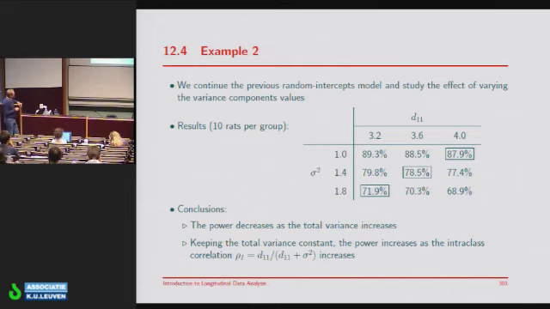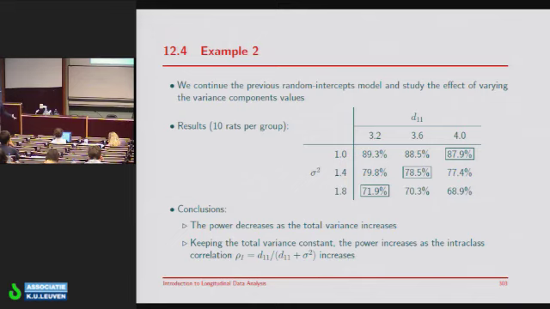And then what you see is the following. If you just look at, for example, a fixed value for D11, then as the variability in the residuals increases, the power decreases. That makes sense. Because if D11 is fixed, and the sigma squared increases, you just have more variability in your data.